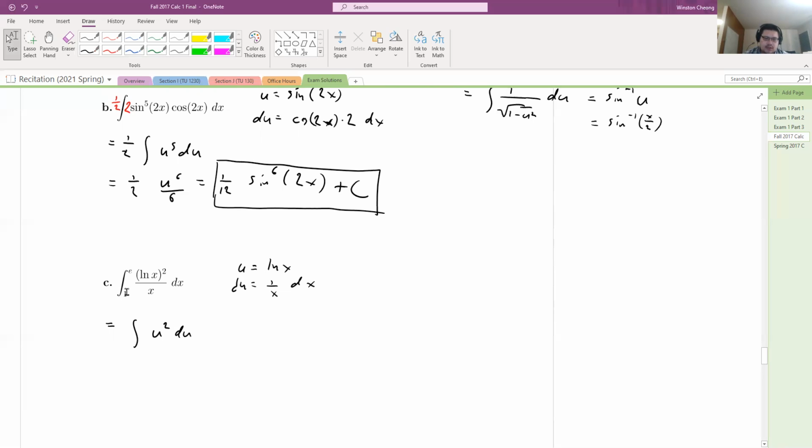So letting u equal ln of x, the limits are x equals 1 and x equals e. We convert them into u equals, and in this case, ln of 1, as you should know, is 0, and ln of e is 1. So those are the limits of our new integral.